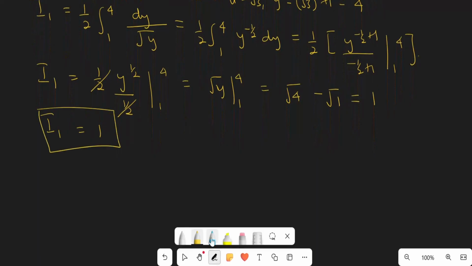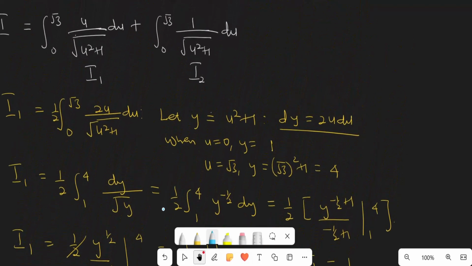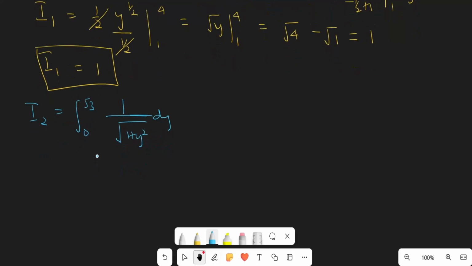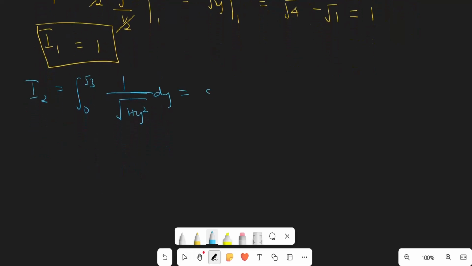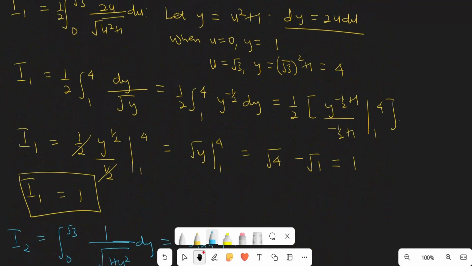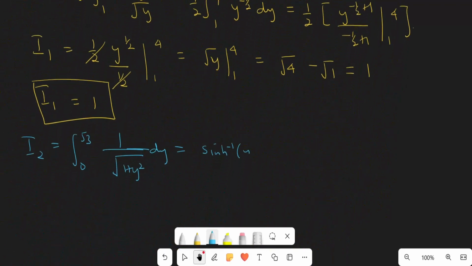So now I2, there's not much work in I2. I2 is the integral from 0 to the square root of 3 of 1 all over the square root of 1 plus y squared dy. If you know this one, it is just the sine hyperbolic inverse of y. I beg your pardon, it was u.